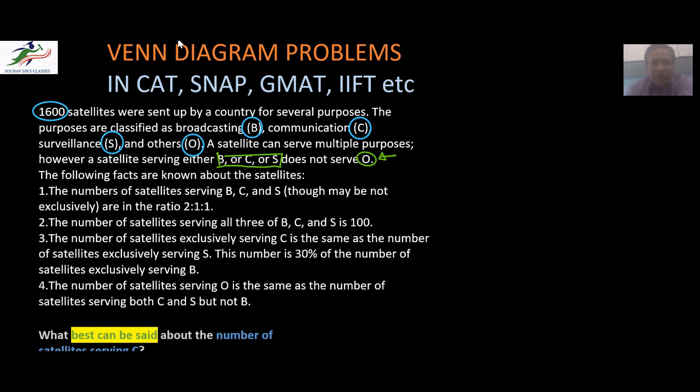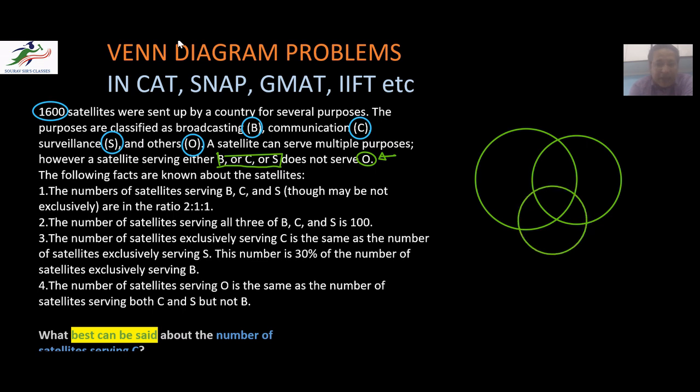Now let's first draw the diagram. Let's say this is 1, this is 2, this is 3, and there are 4 of them. Others has to be an exclusive set because it will not have anything in common with B, C and S. And hence our universal set would cover all of them.